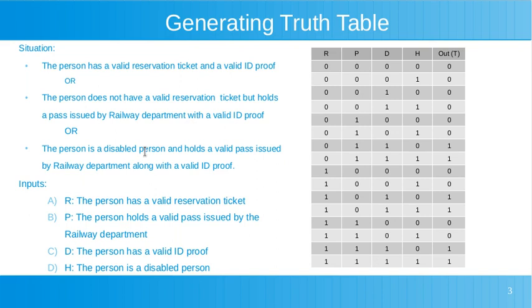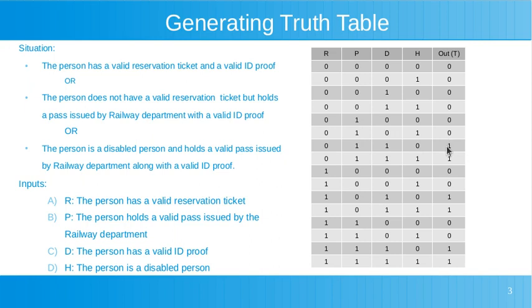The person is a disabled person and holds a valid pass issued by the railway department along with a valid ID proof. Handicapped person means 1 in the H column and a valid pass and a valid ID proof. Valid pass means this and valid ID proof this. So this will be 1 and this will be 1 in case of disabled.